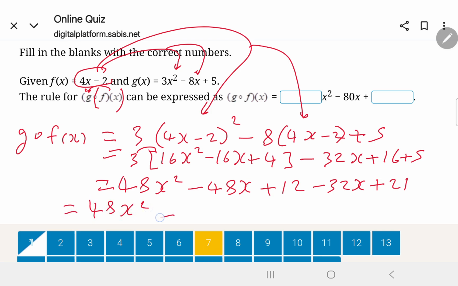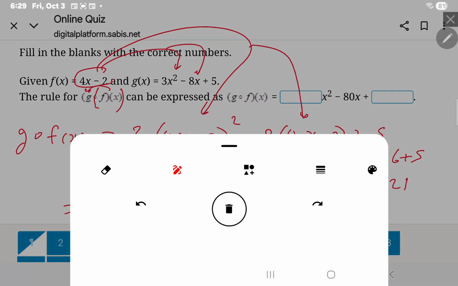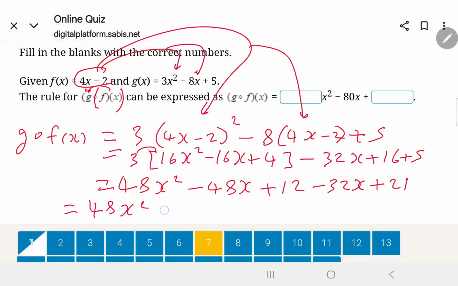So 48x squared minus, now here you have minus 80x, because negative 48 and negative 32 is negative 80, and then plus 33. So here you write 33, and here you write 48, and that is the answer.